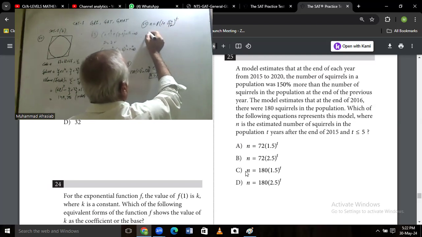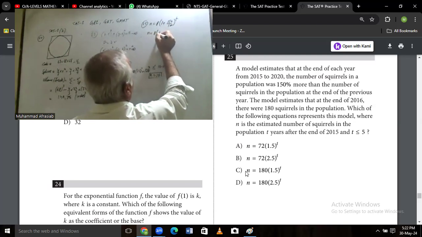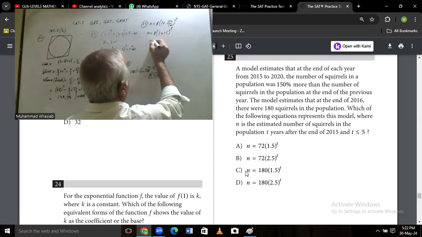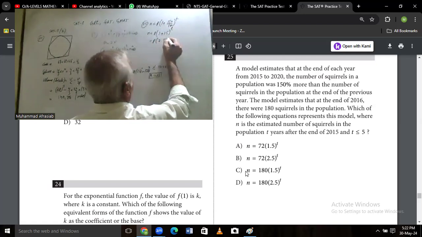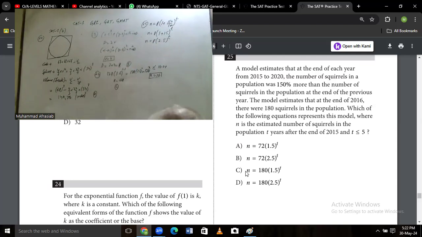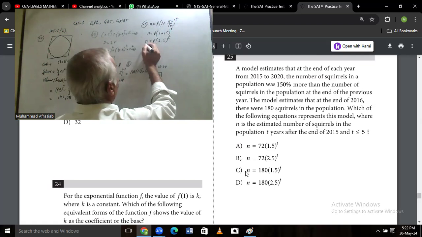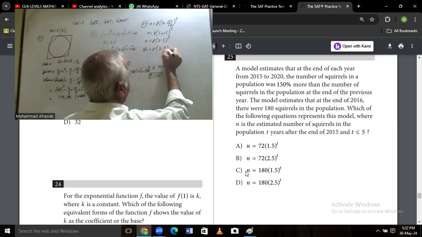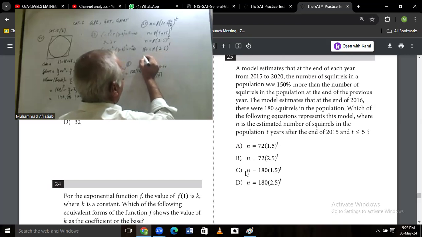So n is equal to p into 1 plus 1.5 to the power t, that is, n is equal to p times 2.5 to the power t. But they said that at the end of 2016 there were 180 squirrels in the population. So we can use n is equal to 180, 2.5 for the growth factor, t is 1. So p value is equal to 180 divided by 2.5.